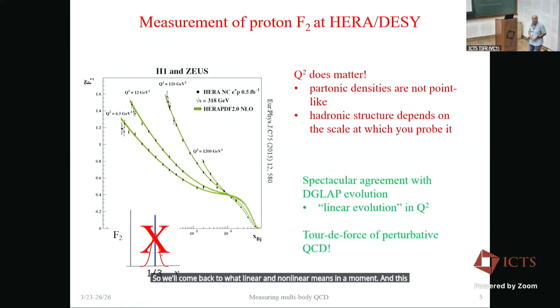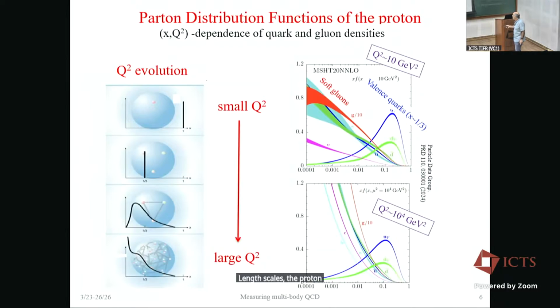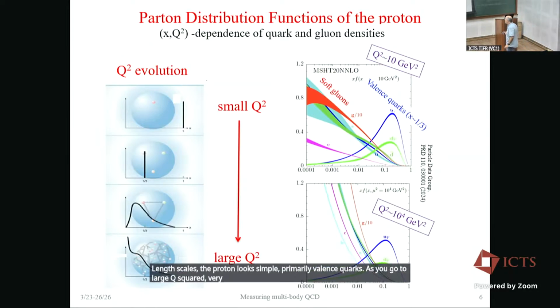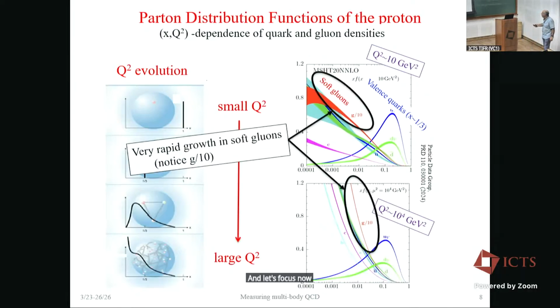This is a tour de force of perturbative QCD, and really led us to a deep understanding of proton structure in terms of parton distribution functions as a function of Q squared. At small Q squared, large transverse length scales, the proton looks simple, primarily valence quarks. As you go to large Q squared, very fine transverse distances, it becomes extremely complex. The gluon densities grow very rapidly. So that was all from lecture 1, and let's focus now on this very rapid growth of the gluon densities towards low x.